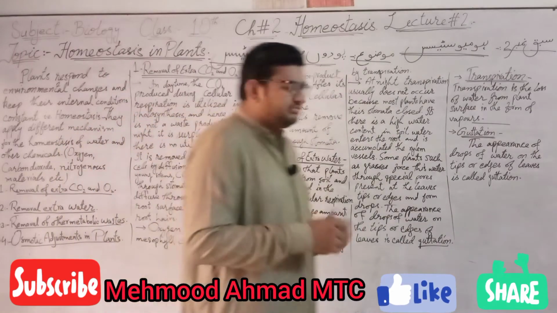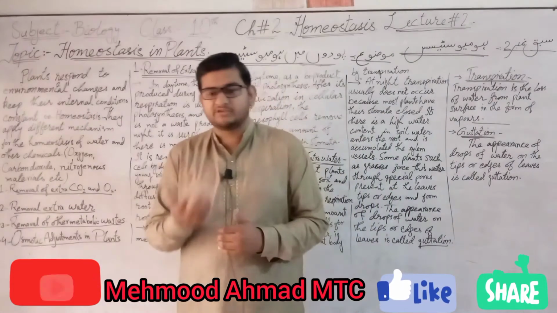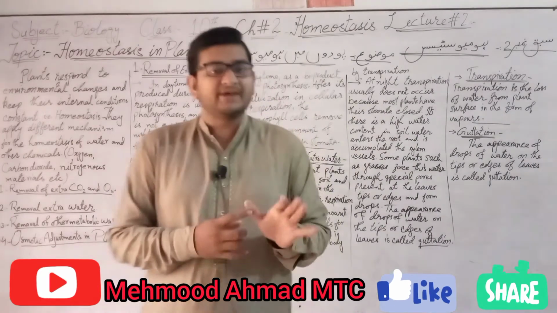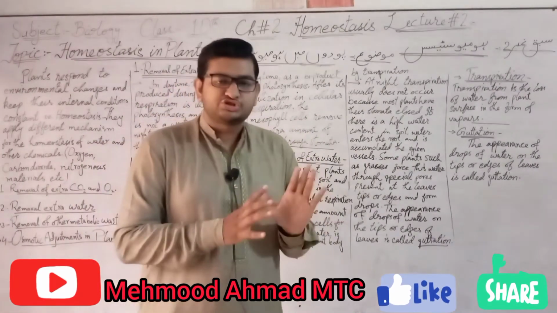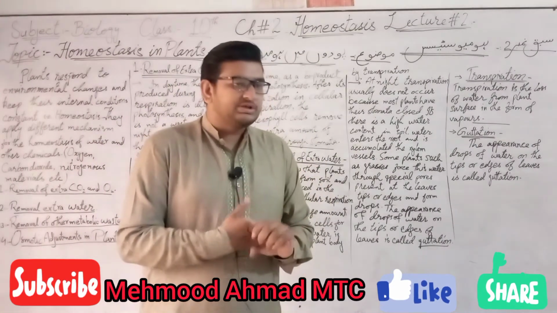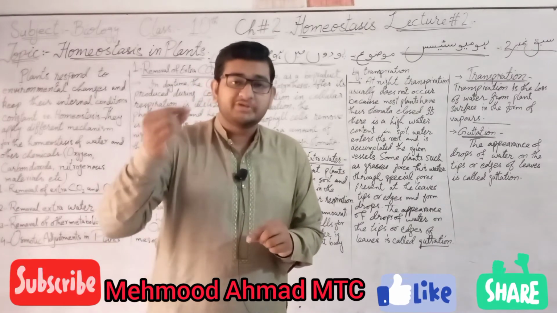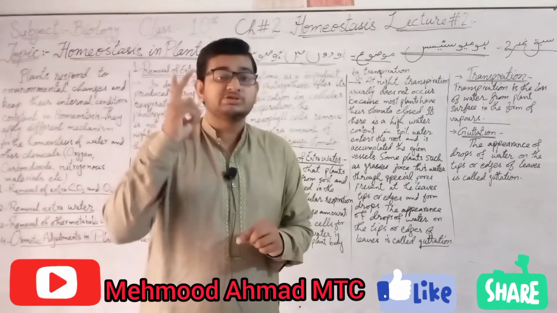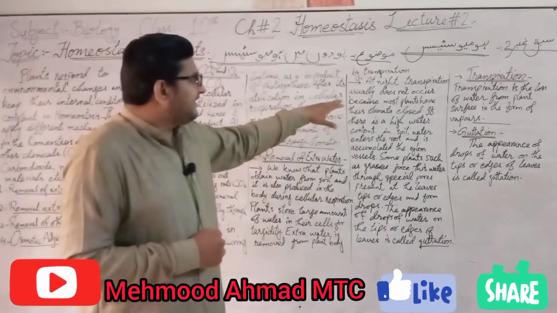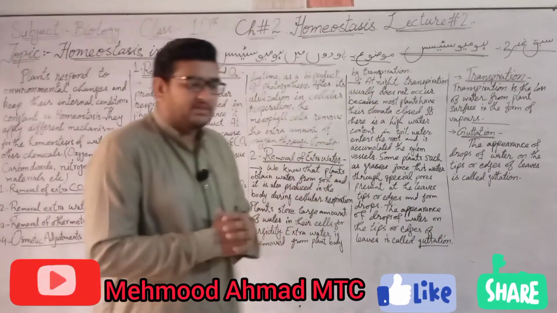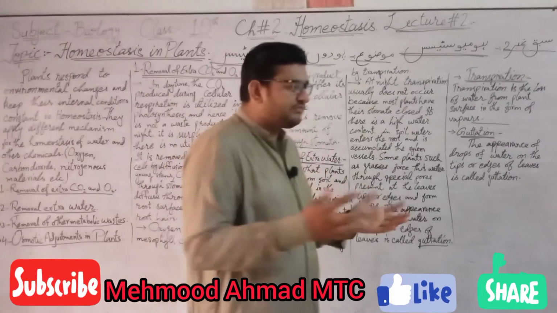So now we know how extra water is removed in daytime by transpiration from the stomata. So there are two things in daytime. The extra water is removed by transpiration from stomata. But when it is night, what will they do?